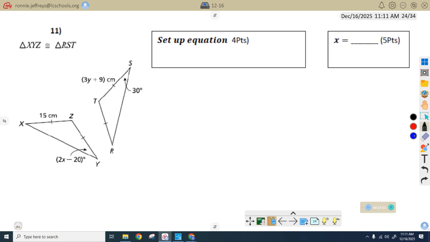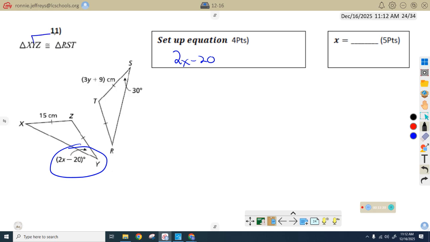All right. So, set up equation. Well, what equation? It's asking for x. X is here. Now, what to set this equal to?